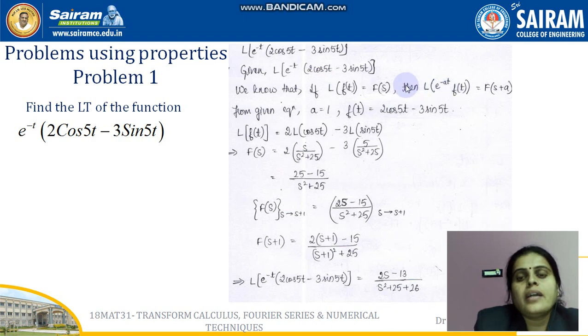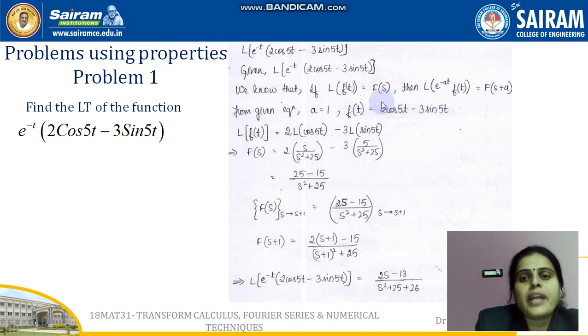The property of a Laplace transform which we can use here is this: because f of t is multiplied by an exponential, we can use the shifting property. L of e to the power of minus at f of t can be written as F of s plus a. These are the two things we are going to use in this problem. From the given equation you can compare: a is equal to 1 here, and f of t is 2 cos 5t minus 3 sin 5t.